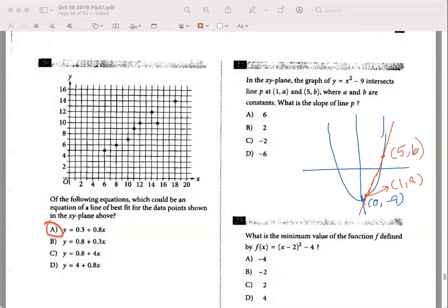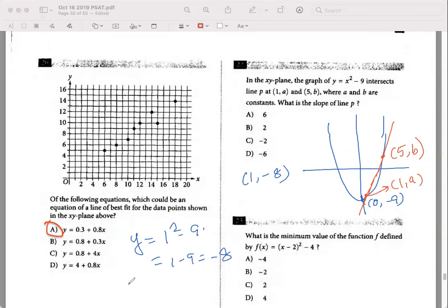Now, I don't have to draw the diagram. I just drew it to give you a sense of how it would look. So obviously, if x is 1 and it lies on the line and the parabola, then y would be 1 squared minus 9, which is 1 minus 9, which is negative 8. So the point 1, comma a is 1, comma negative 8.